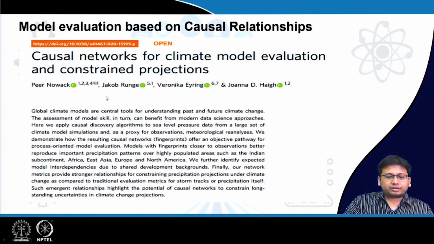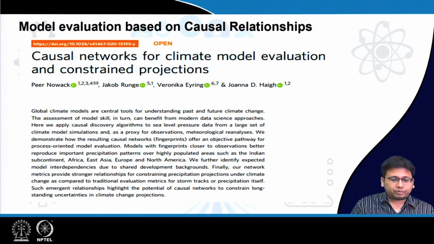Now we already talked about these causal networks for evaluating the climate model simulations. So, causal networks for climate model evaluation and constraining projections. This is another paper which appeared very recently.